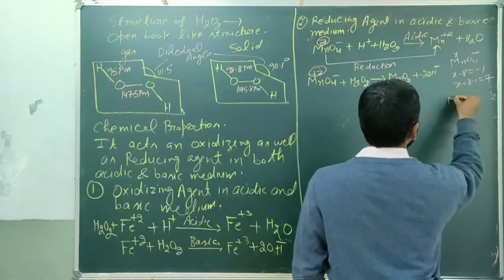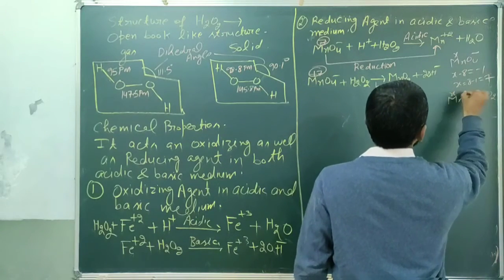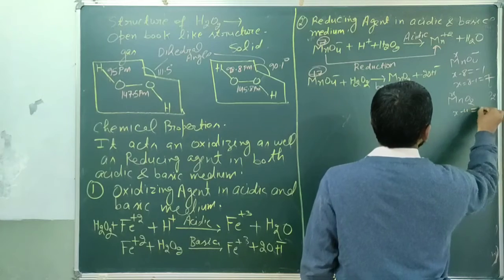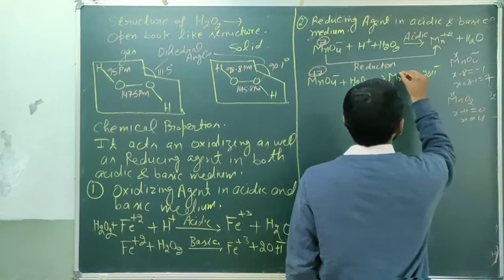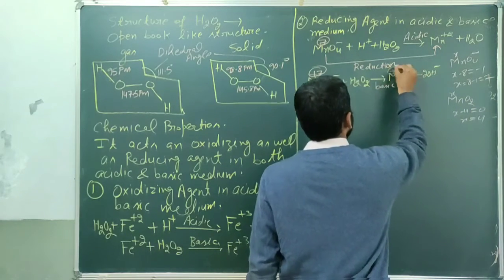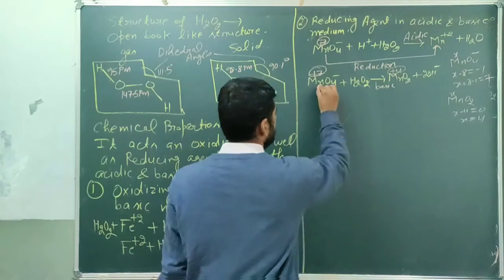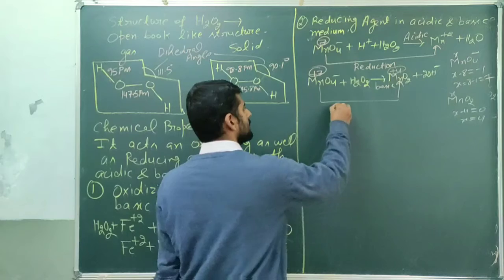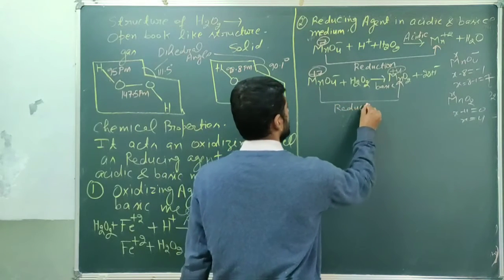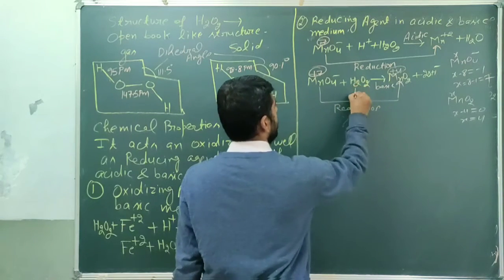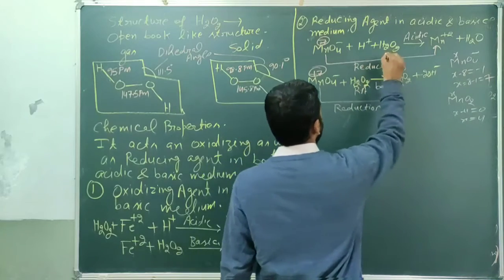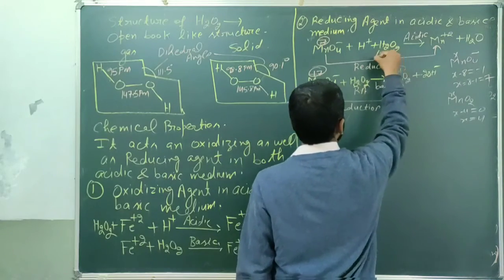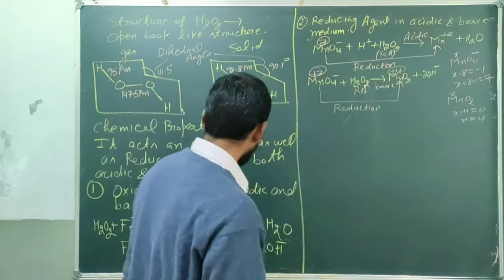For MnO2, x minus 4 is equal to 0, so x is plus 4. So plus 7 is converted into plus 4, again reduction. So here it acts as a reducing agent, in both acidic and basic medium.